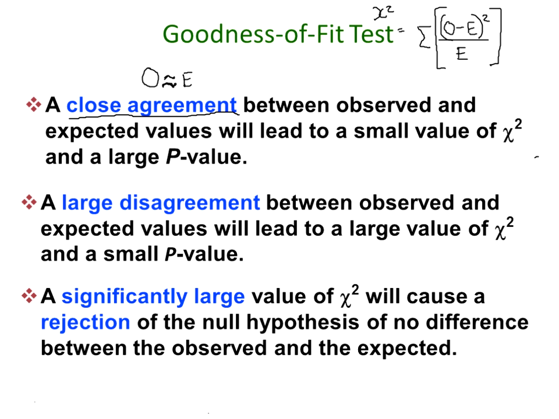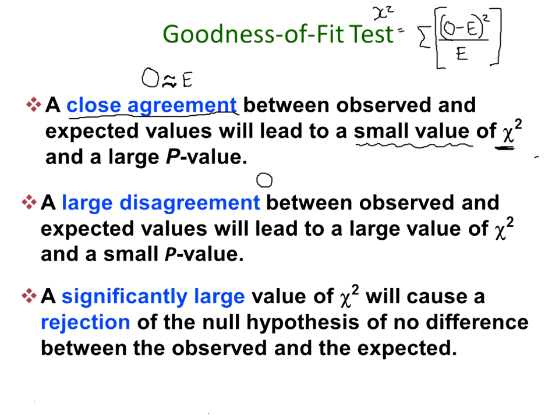You square it and divide it by E, and you're going to get a small value of chi-squared. So if your observed and expected values are really close together, you're going to get a small value of the test statistic.